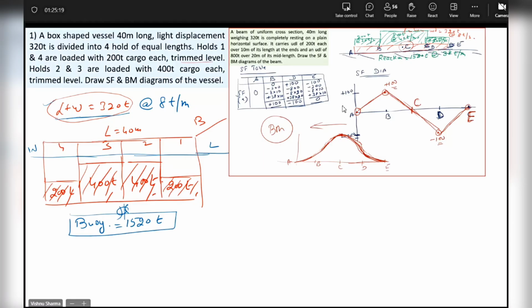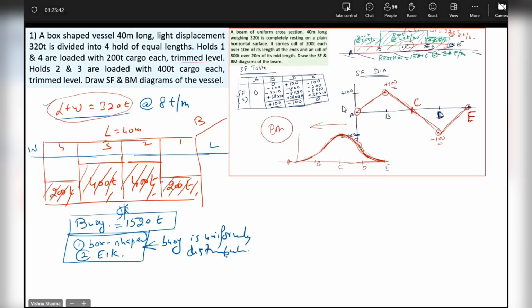Correct. And since it is a box-shaped vessel floating on even keel, because of these two reasons, the buoyancy is uniformly distributed. Why? Because what is buoyancy? It is the weight of the water displaced.